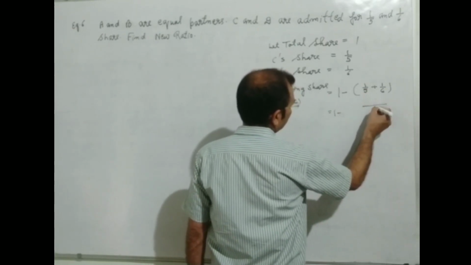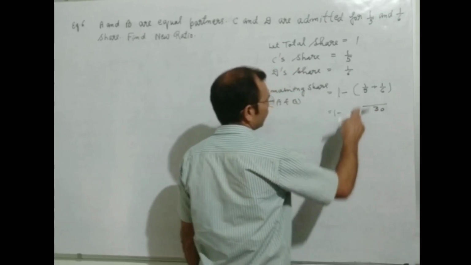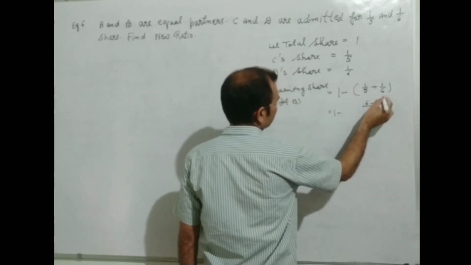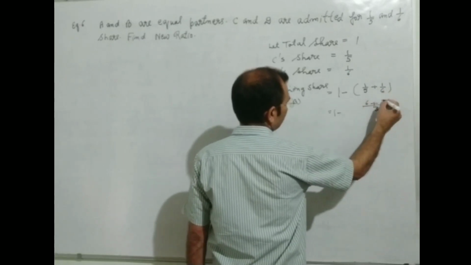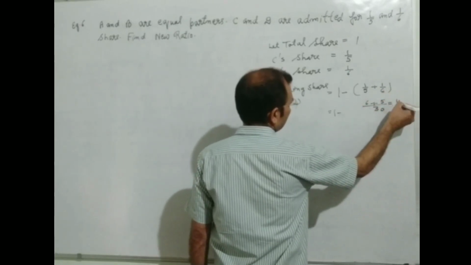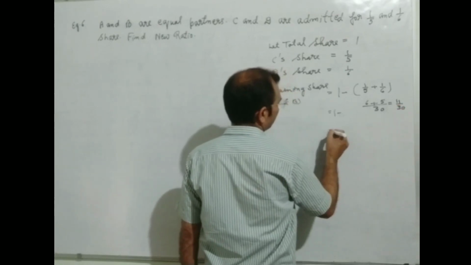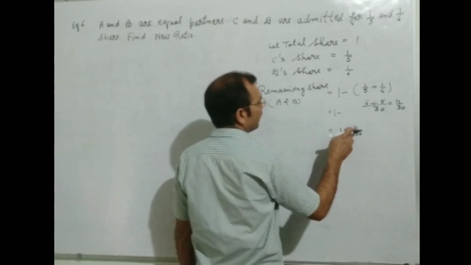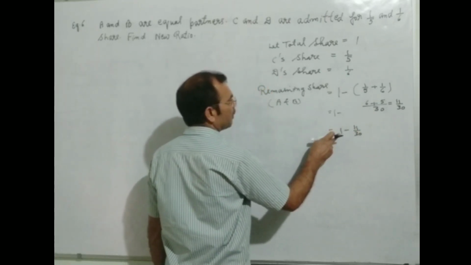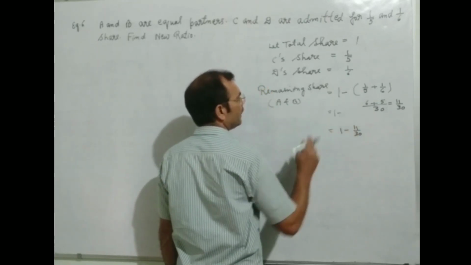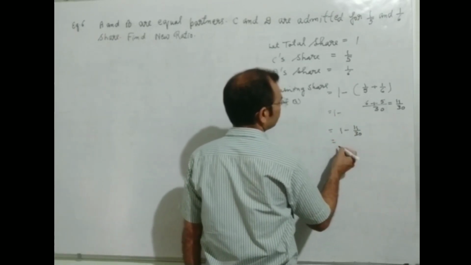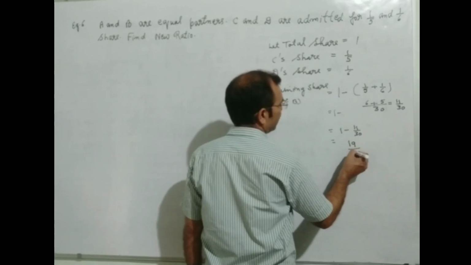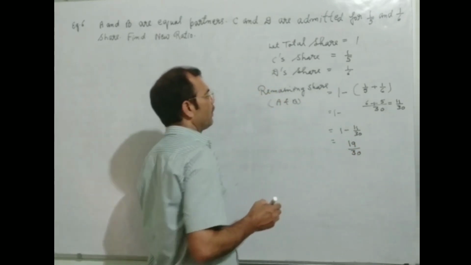We will take the LCM, 30 will come. 5 sixes are 30, 6 fives are 30, so 11 upon 30 will come. 1 minus 11 upon 30: we multiply 1 by 30, and after that we deduct 11. 19 will be left. 19 upon 30 will come.